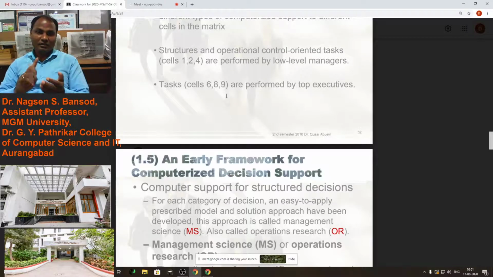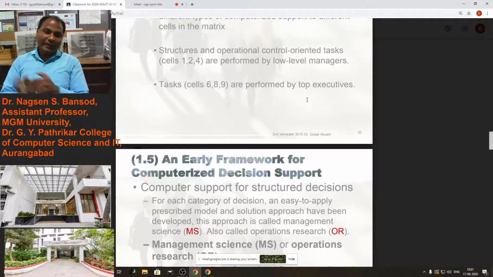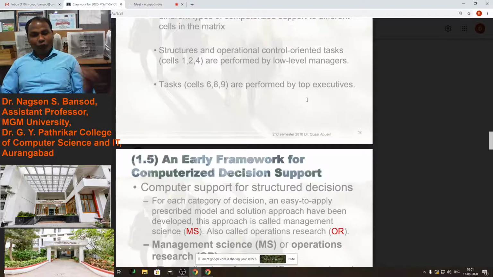But in semi-structured and unstructured business, there is scope to perform by executives. Therefore, they require some expert opinion, because these are very big businesses. There are various branches in that business that is unstructured. To make that structured, you have to use experts' opinion. You have to use very effective planning.